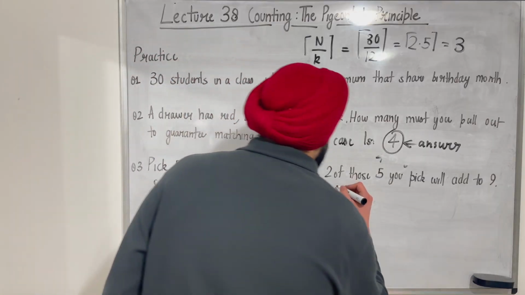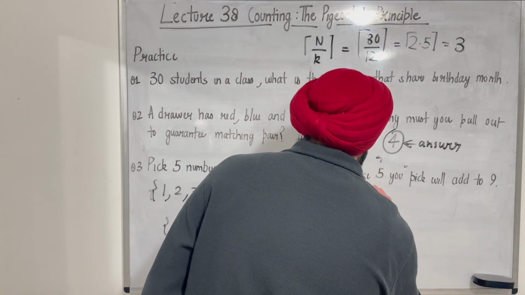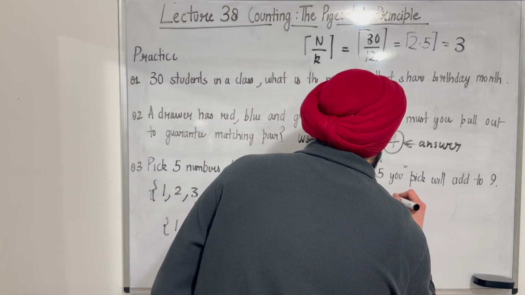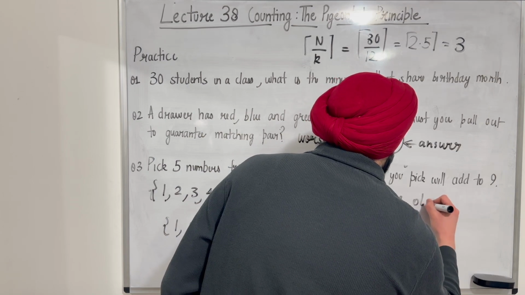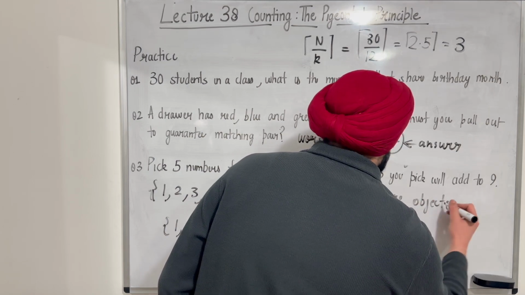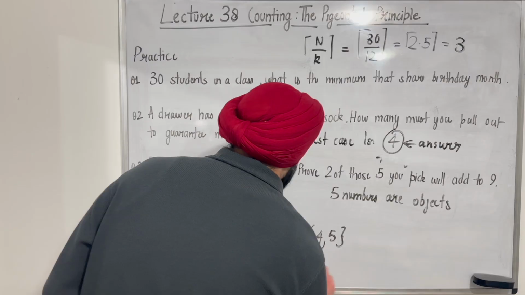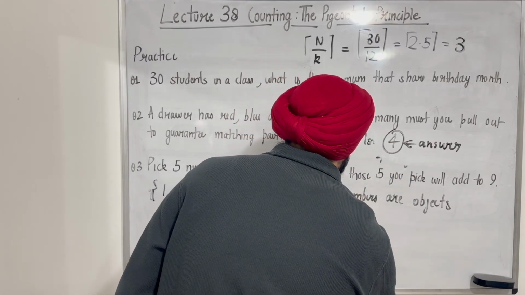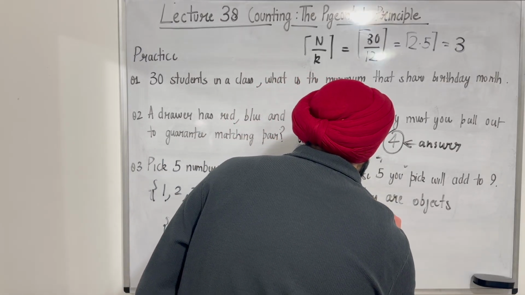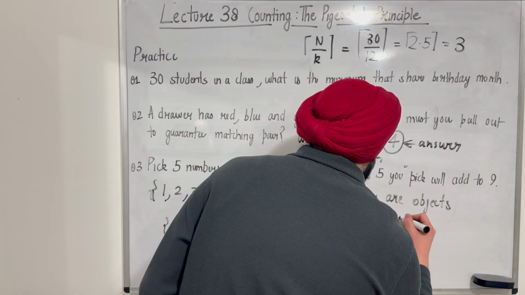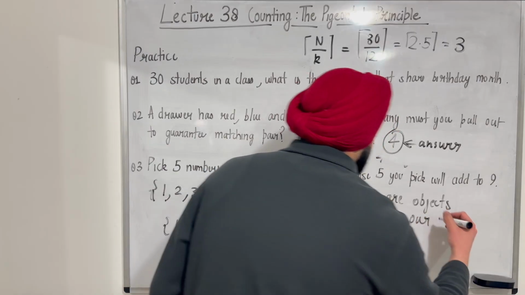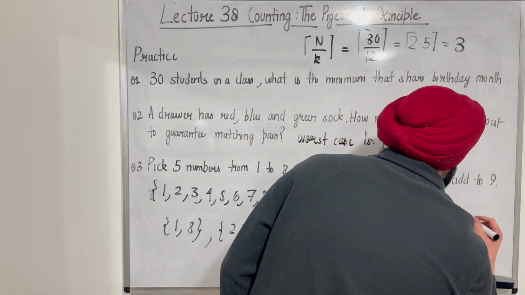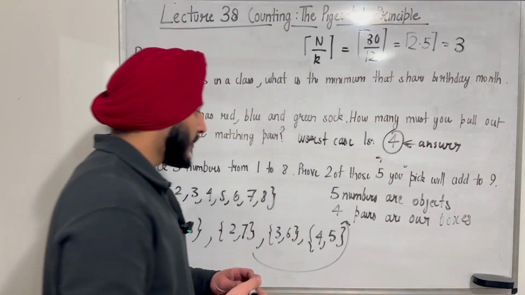So in our case, 5 numbers are objects, 4 pairs are our boxes. So let's just think about this, right?